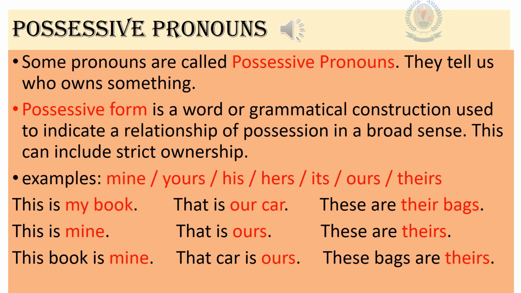So you have to be very sure when you use the possessive pronoun. You can say this is mine, this is yours, this is hers, this is ours, this is theirs, or that is, whatever it is, with the correct usage of the possessive pronoun.